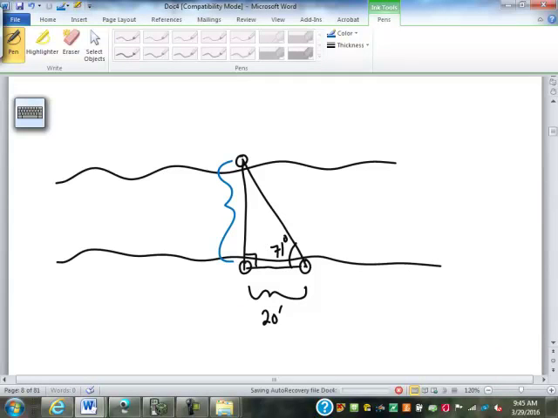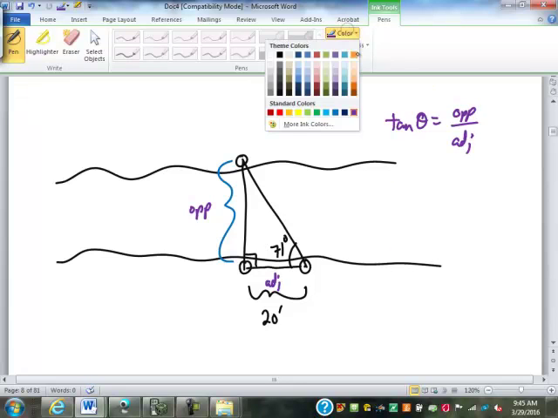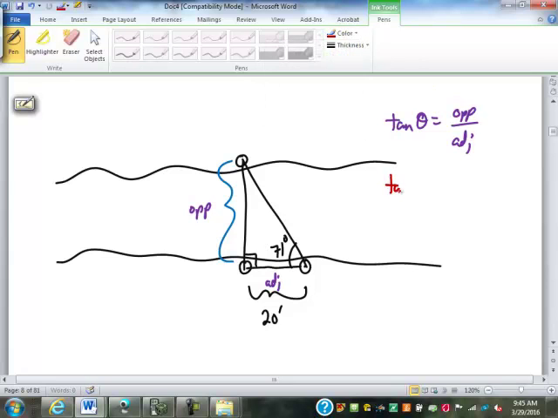So, what'd you find? Okay, so this is the opposite side and this is the adjacent side, so we are working with a tangent, right? So filling in what we know, it's the tangent of 71 degrees equals that opposite side over 20.